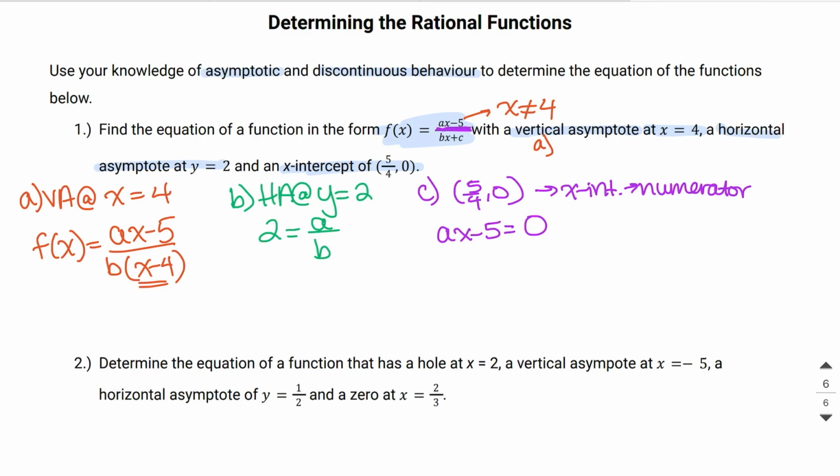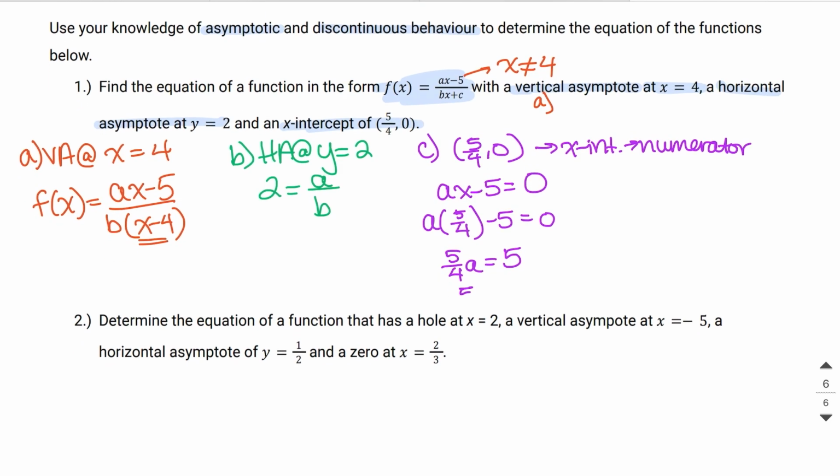This numerator is going to equal 0 when x is equal to 5 over 4. So I can replace this x with 5 over 4 and solve for a. Here, a times 5 over 4 is the same thing as 5 over 4a, and then move the 5 over by adding, it equals 5. Multiply both sides by 4, you get 20. Divide both sides by 5, you get a equals 4.